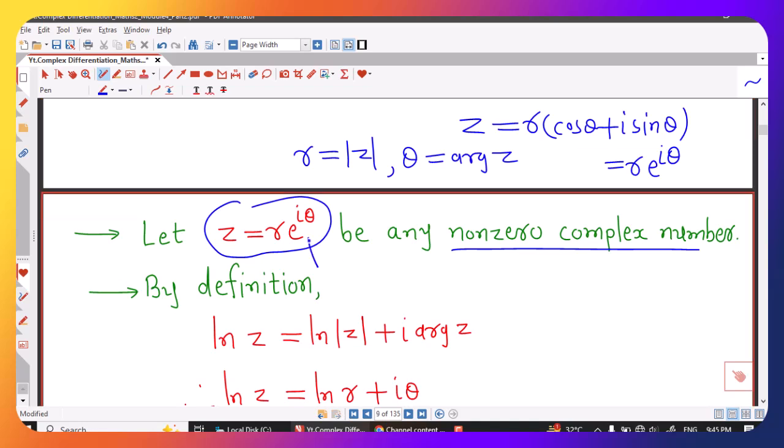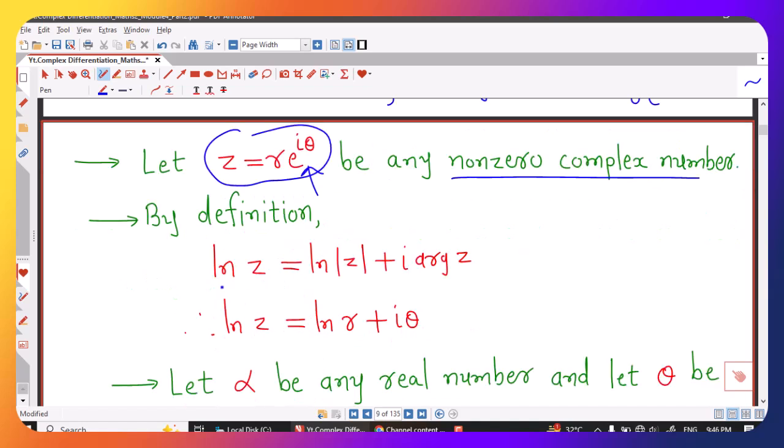This is a non-zero complex number. Now by the definition of the logarithmic function, we know that ln z is ln of the absolute value of z plus i times the argument of z, and because we have written z equal to r e raised to i theta, we have the absolute value of z equal to r and the argument of z equal to theta.